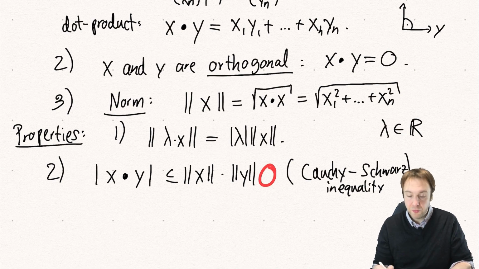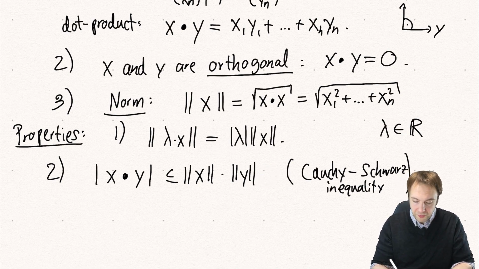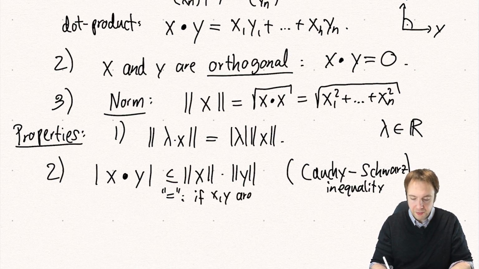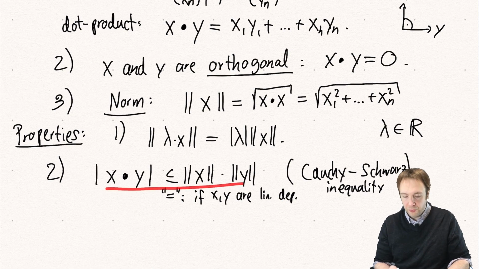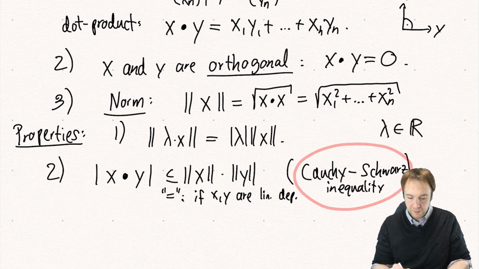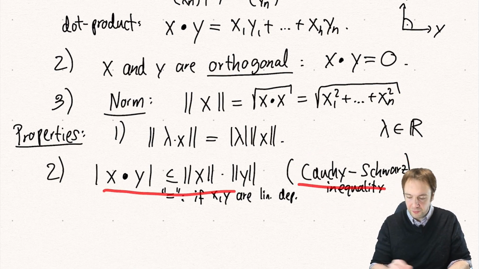In this case, this cosine is 1, and therefore this equality holds. So in general it's smaller or equal, but we have equality exactly in the case if x and y are linearly dependent. But this will not be so important for us today, I just wanted to mention it as a comment so that you have heard of this property, which is called the Cauchy-Schwarz inequality.